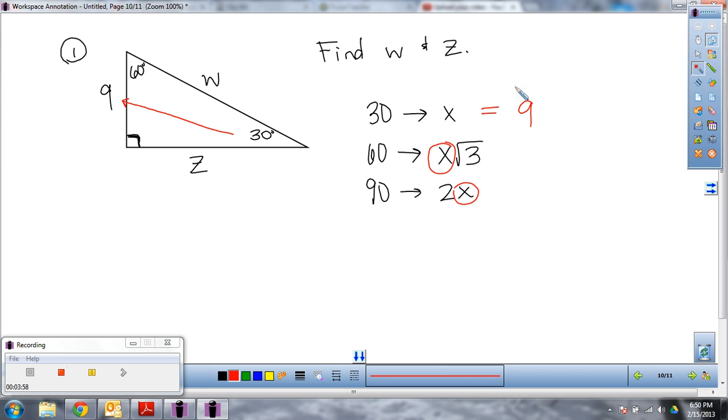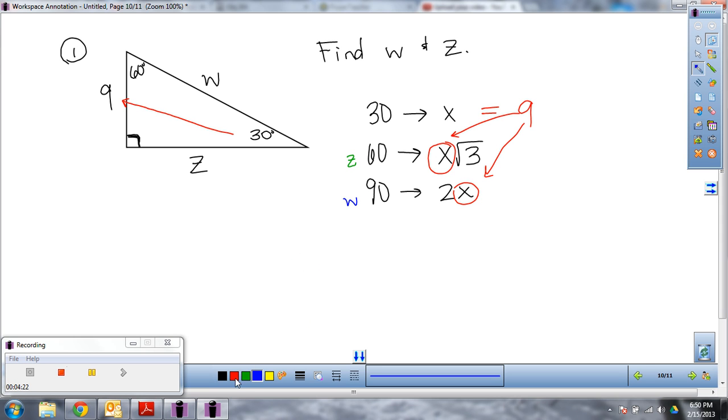So all we have to do is substitute our 9 in for both of those values, and we can easily find the sides across from 60 and across from 90. In this case, across from 60 is being represented by the letter Z, and across from 90 is being represented by the letter W. So once we substitute our 9 in for x in both of these, we've found Z and W.